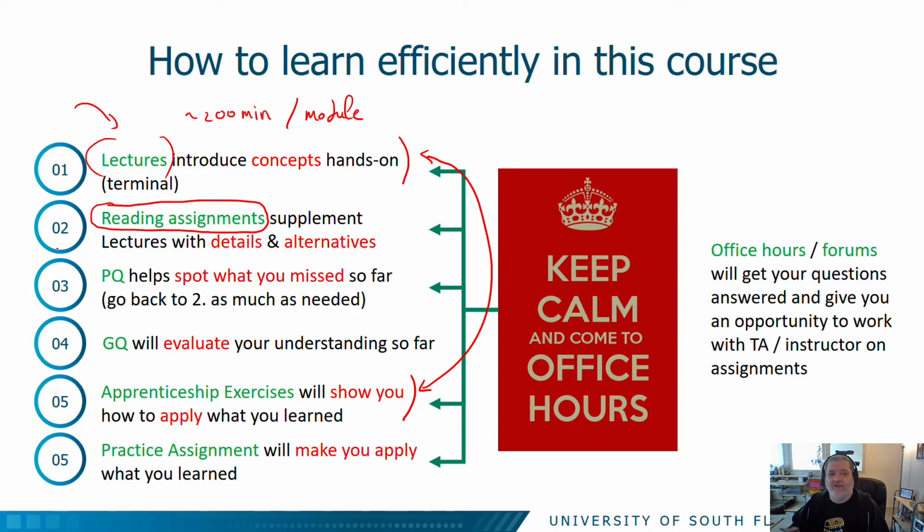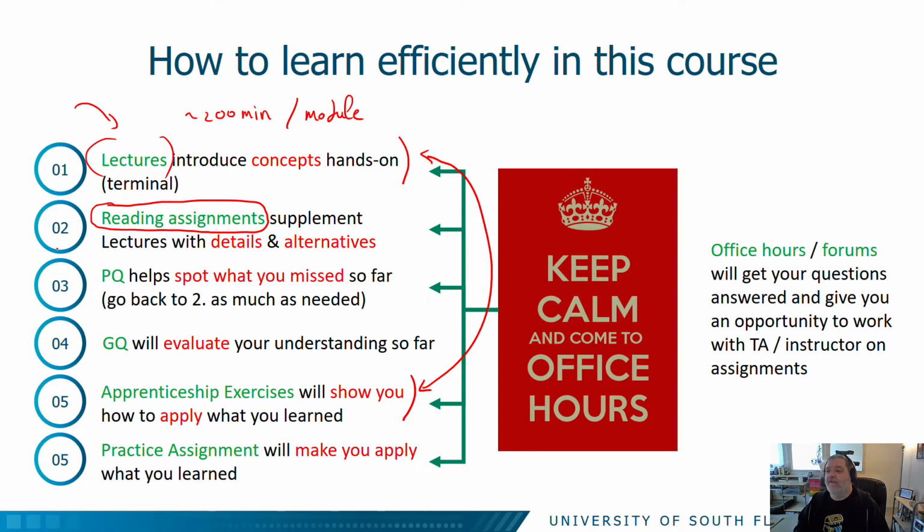So, for example, if I show you one way to solve a category of problem in the lecture, you can expect the reading assignment to maybe show you some alternative ways to do the same work. The idea for the lecture is to get you to the point where you can solve the problem. The idea for the reading assignment is to add information and give you supplemental information about other possible ways to do the same work.